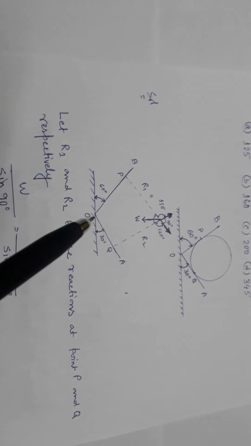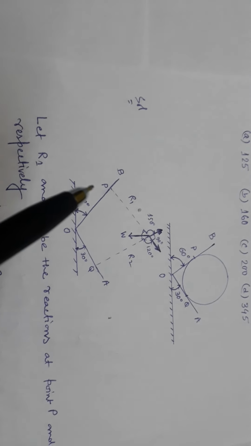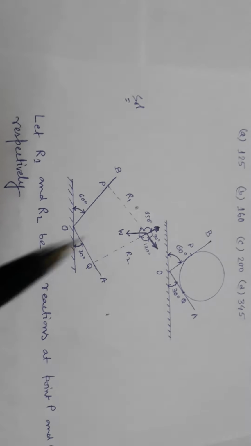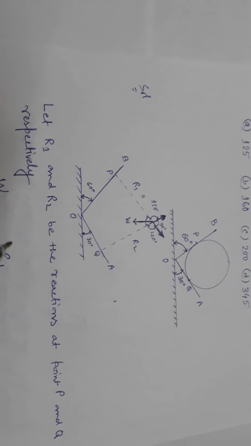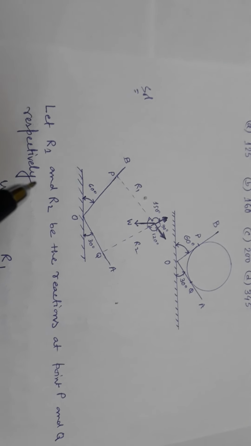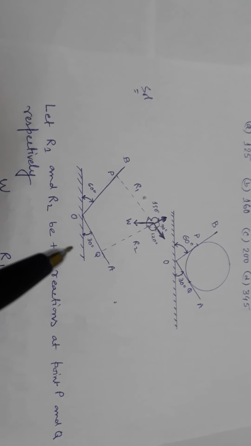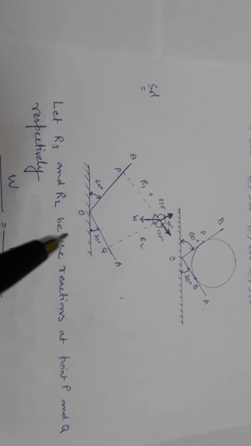This is the free body diagram. Look very carefully. Let R1 and R2 be the reactions at point P and Q respectively. So R1 is the reaction at point P and R2 is the reaction at point Q.